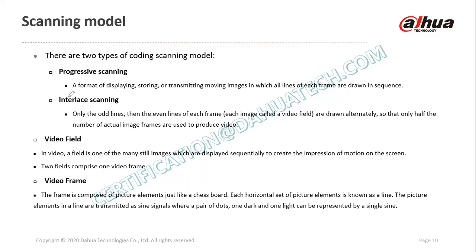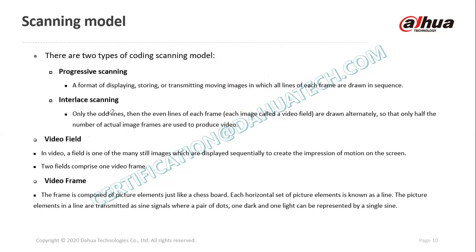We have something called progressive scanning, which is a format of storing and transmitting moving images where all lines of each frame are drawn in a sequence. So if you're going to draw an image like a picture here, each line that forms the image, you draw the lines in a sequence, so that at the end you have a series of lines forming a full picture.